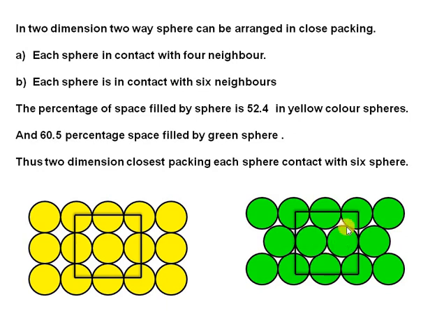For example, if we consider this sphere, then it is in contact with 6 neighbors: 1, 2, 3, 4, 5 and then 6. So a total of 6 neighbors are there.